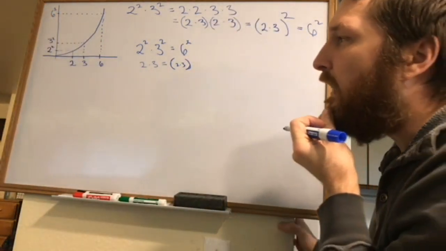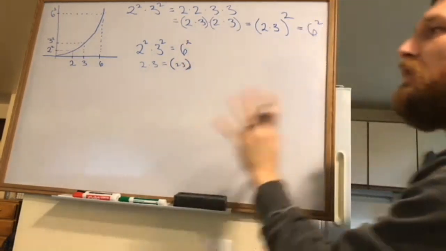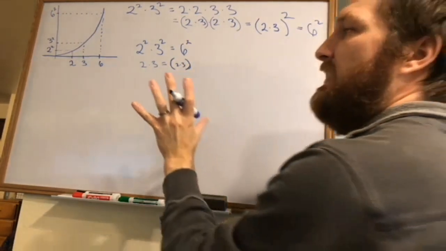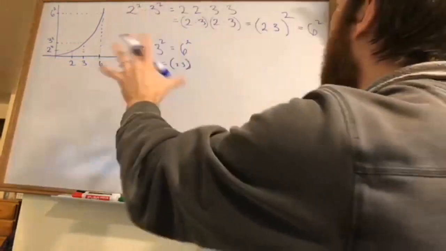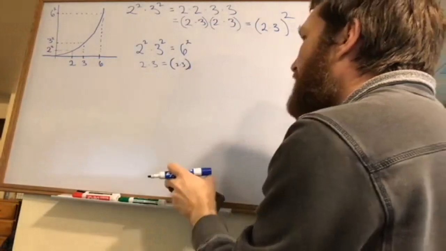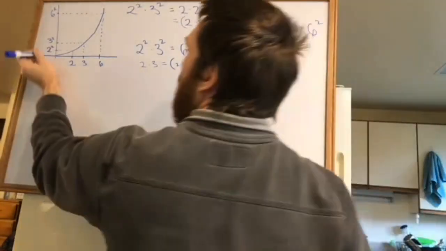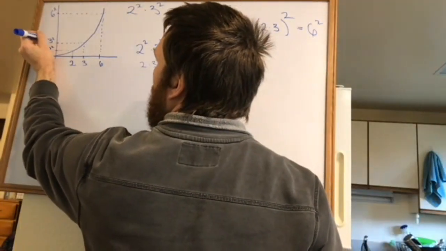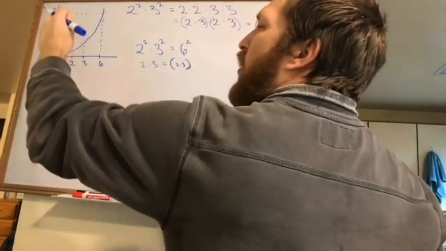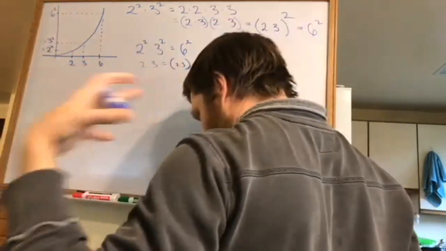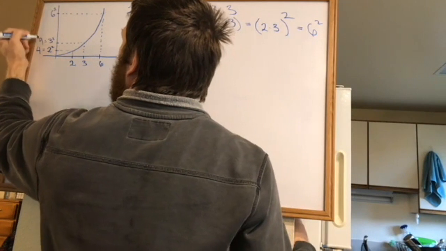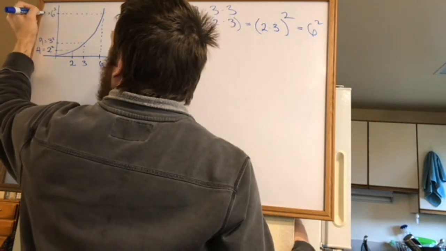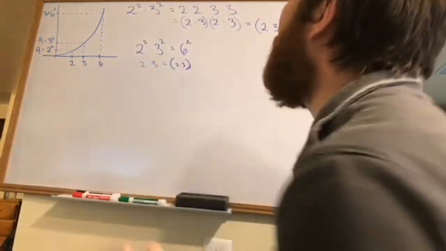Okay. Now, what I want to do here, I just really want to convince myself of this. Let's think of the actual numbers here. Yes, it makes perfect sense, but let's really convince ourselves that this is true. What's 2 squared? 4. What's 3 squared? 9. And what is 6 squared? 36. Okay, so I'm just going to double check this.